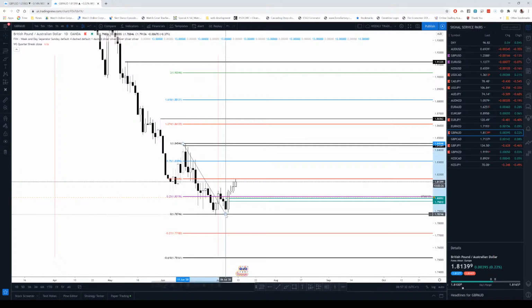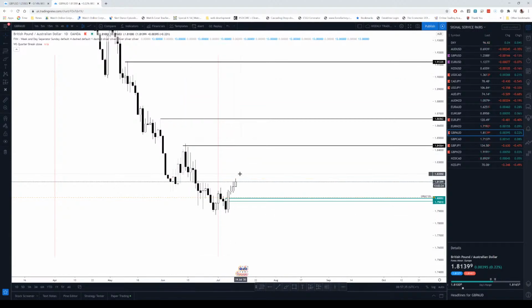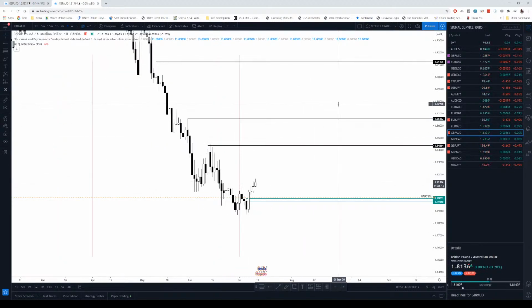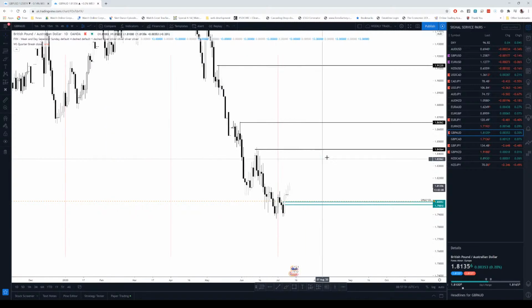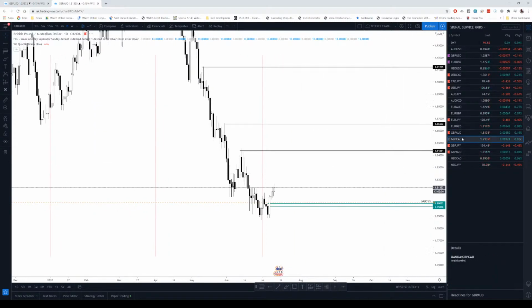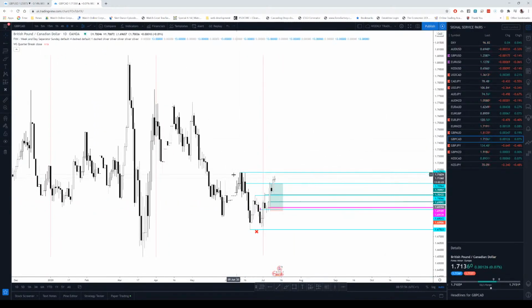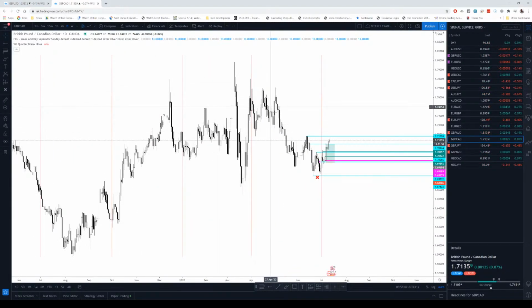So I wouldn't buy this now. If you didn't catch it from down here, I wouldn't buy it now. I'll wait for retracement, and then I'll probably load up for a swing trade, as dollar is moving away from its consolidation. Again, this one is going for that high, like I mentioned, and we dropped forever from April.